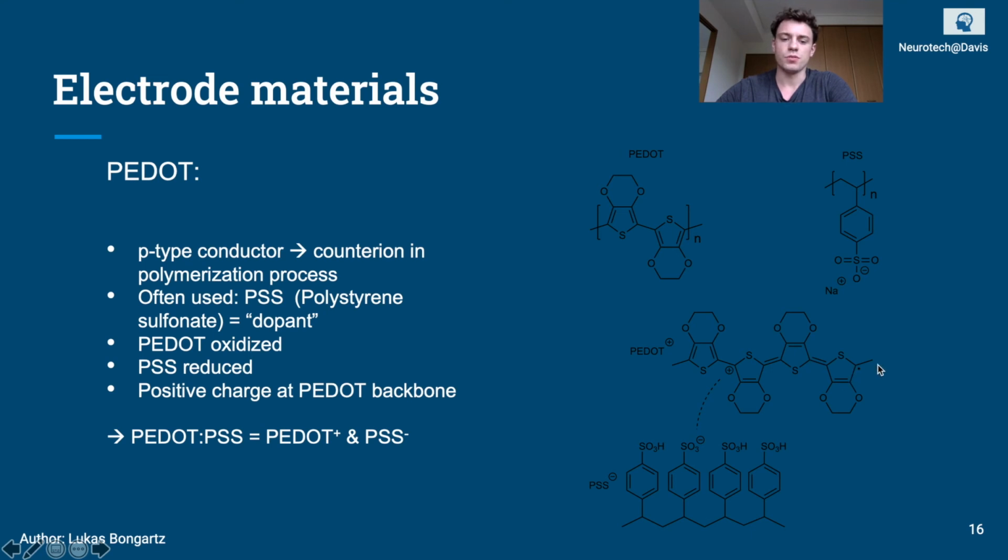So what you might just keep in mind when you read about PEDOT:PSS is that it's an organic material, so chemical similarity is provided to the biotissue, and that PEDOT:PSS is a combination of positively charged PEDOT and negatively charged PSS, and both of them are polymers.